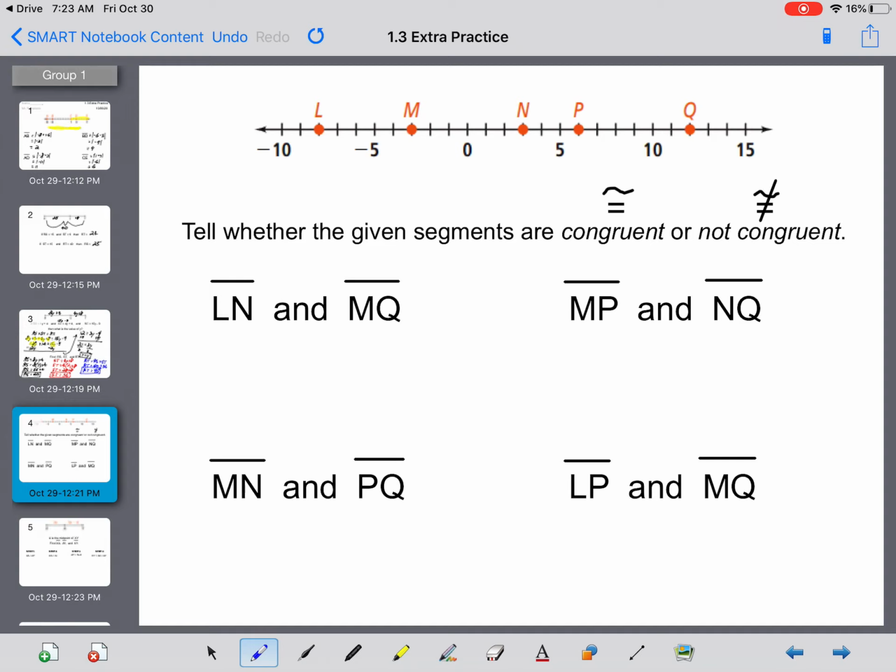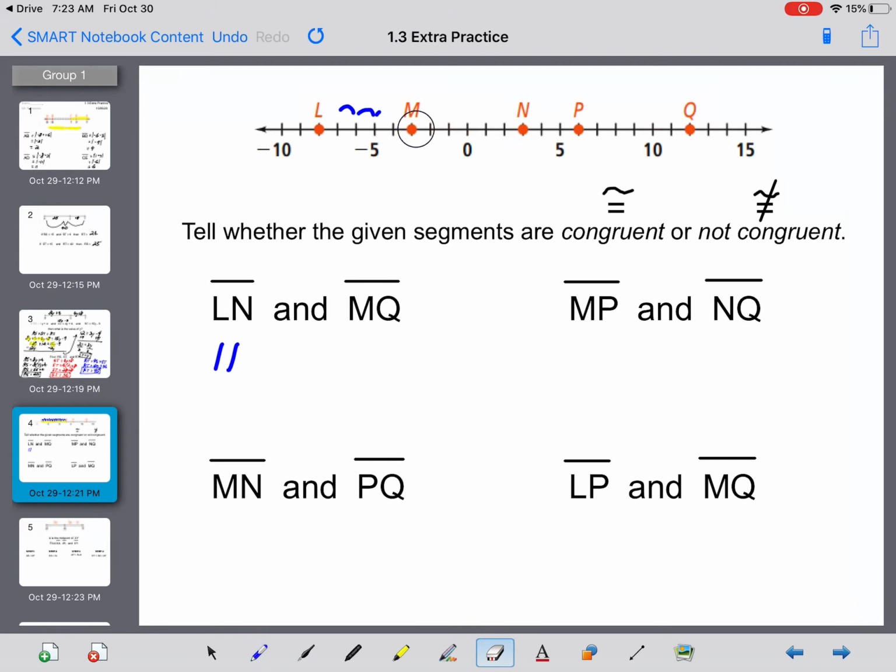Tell whether the given segments are congruent or not congruent. Well, LN, if you want to count, is a distance of 1, 2, 3, 4, 5, 6, 7, 8, 9, 10, 11.